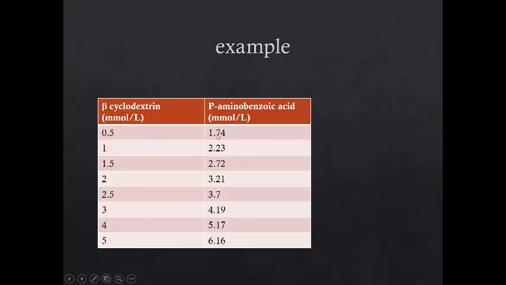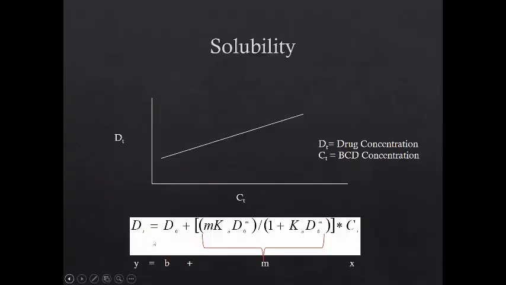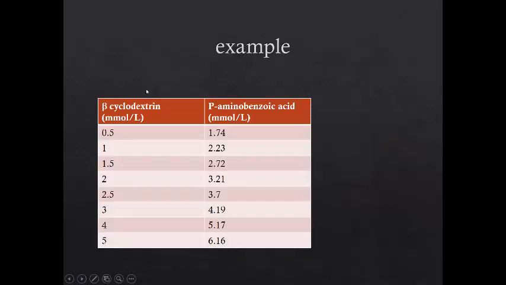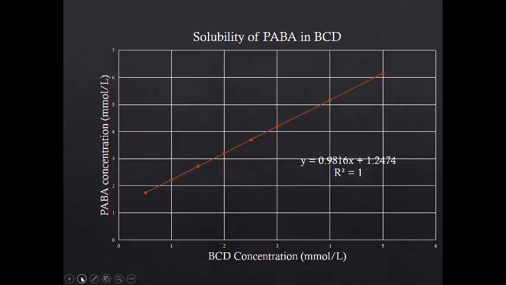And then we have data pairs all the way up to 5 millimoles per liter. Our beta-cyclodextrin concentration is our X data, and our Y data is the resulting drug concentration, so we could plot all this data.